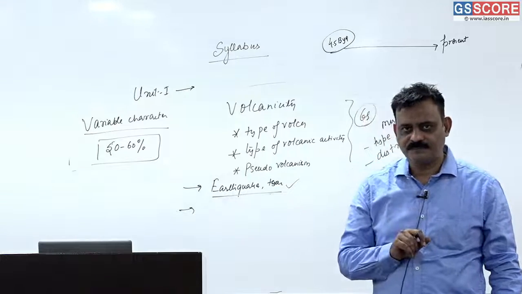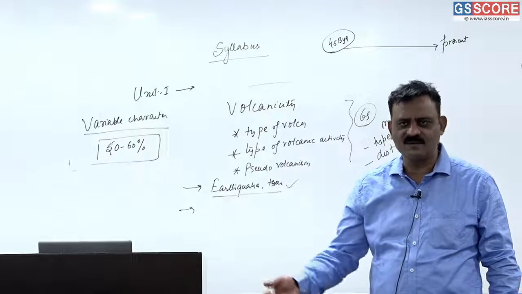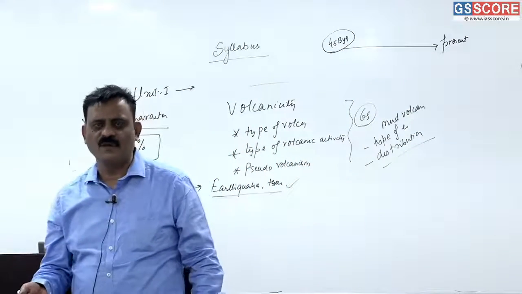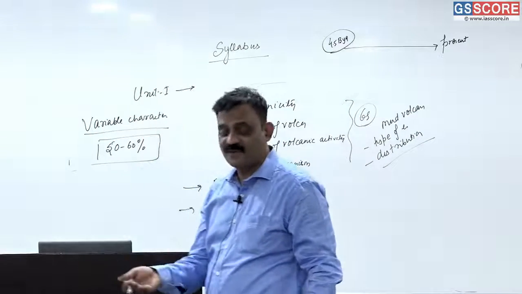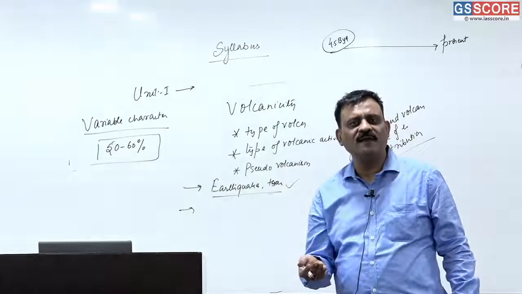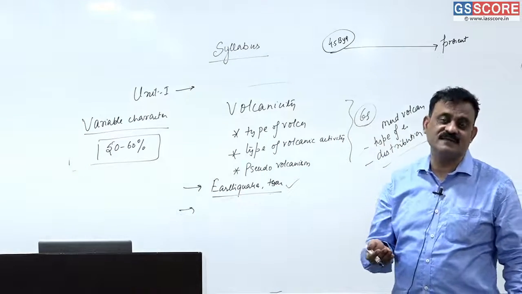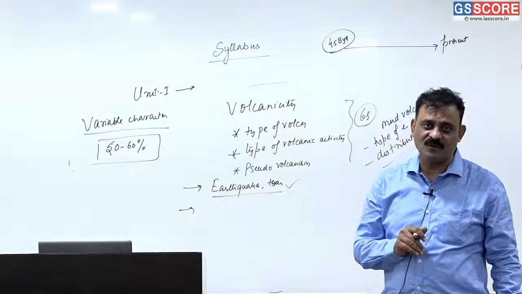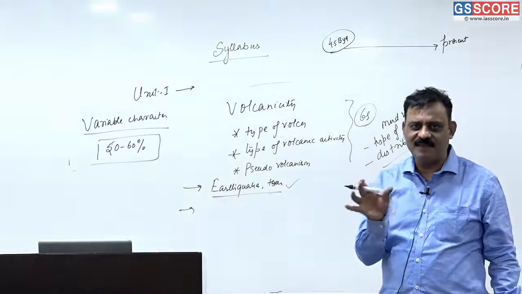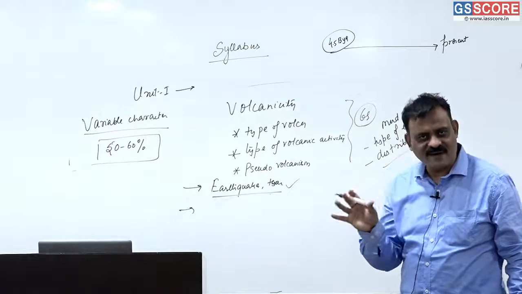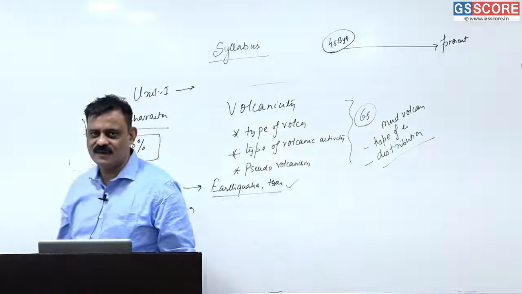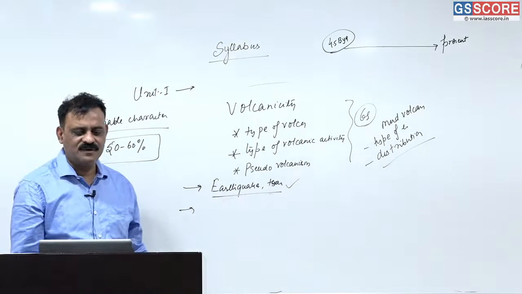Okay, and even in our class, we have approximately 120 hours devoted for geography optional and geography GS, and out of this 120 hours we take around 30 hours, 25 to 27 hours, to complete your geomorphology, and for the optional we take around 50-52 hours. So with this time duration also you can have an idea that around 50 to 60% of your geomorphology is going to be common in your general studies paper.